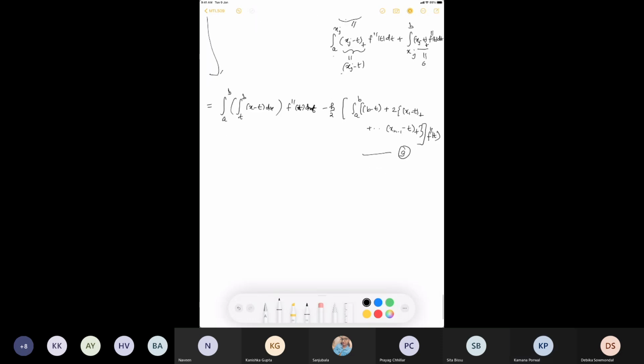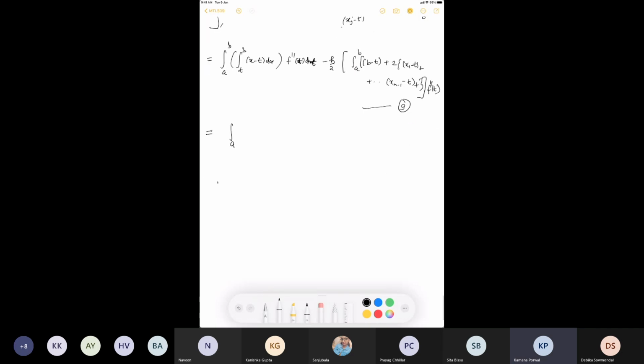All right. Now I'm defining my function k(t) as the integral from t to b of (x minus t) dx, minus h by 2 times (b minus t), plus 2 times (x1 minus t) positive part, and this goes up to (xn minus 1 minus t) positive part.